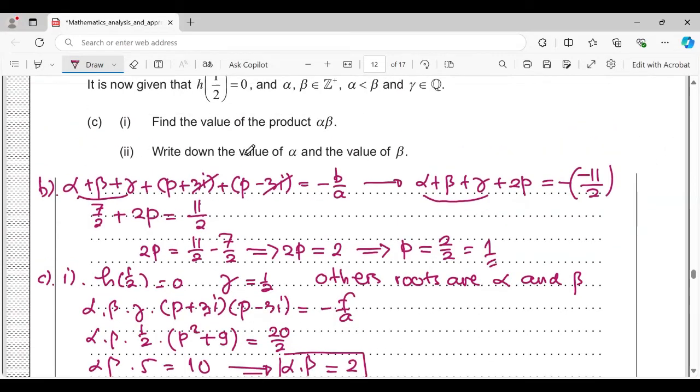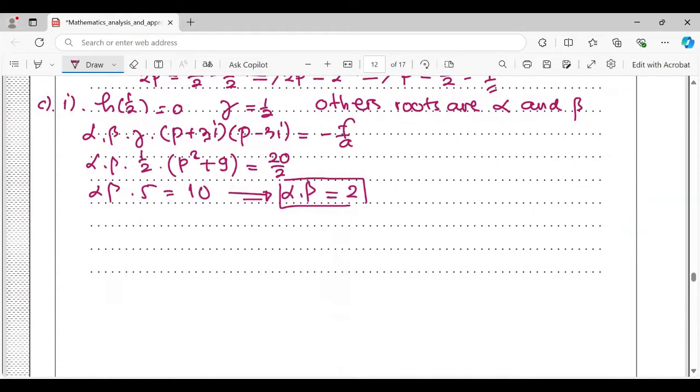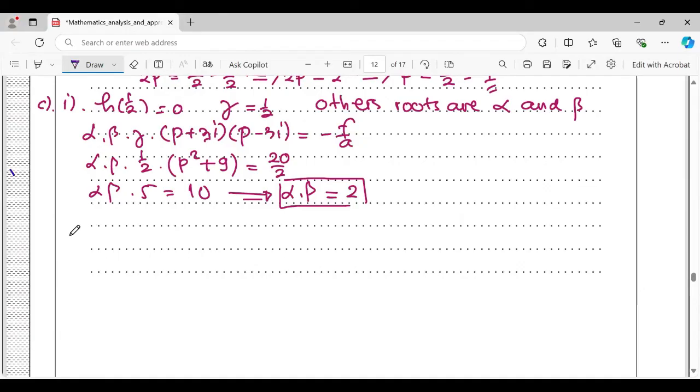Next, write down the value of alpha and the value of beta. We are looking to figure out how much alpha and how much beta. Part 2. I'm going to use a different color.